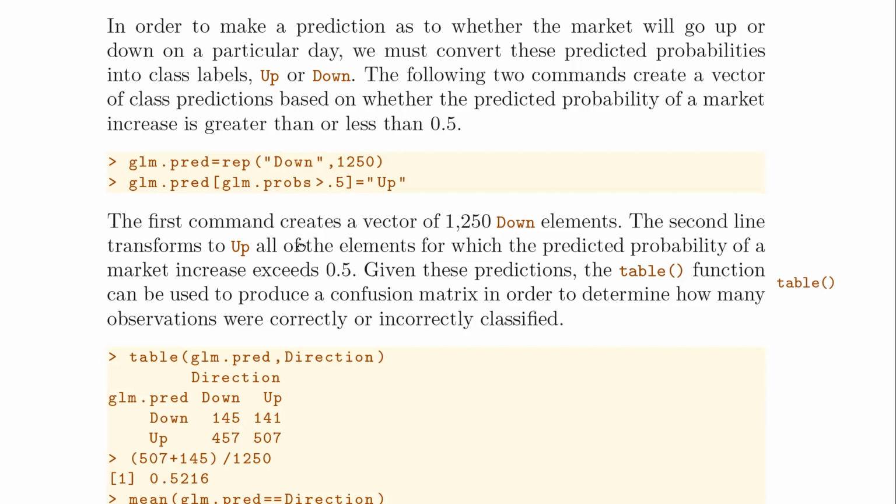I think we should emphasize, we are choosing this 50%. So we're just saying, okay, the model is giving us all these probabilities. How are we going to translate them into up or down? Well, let's just say anything above 50%, then we'll interpret the model as telling us up.